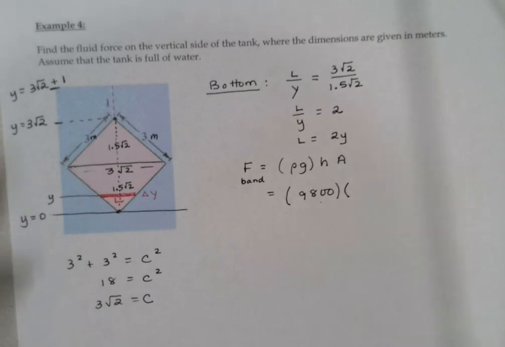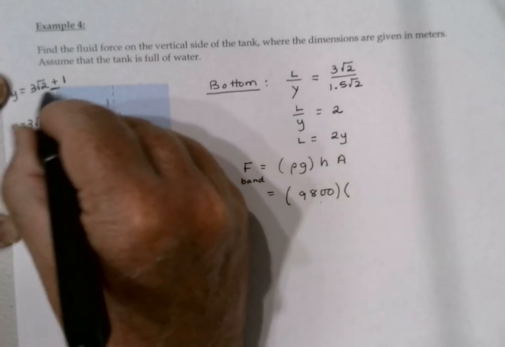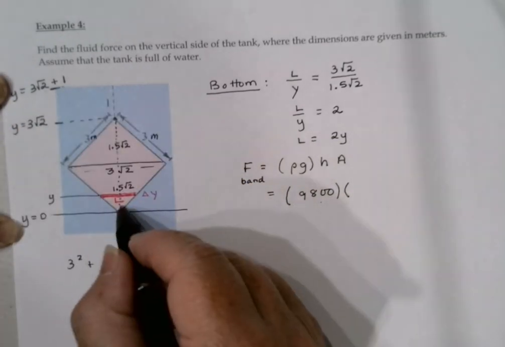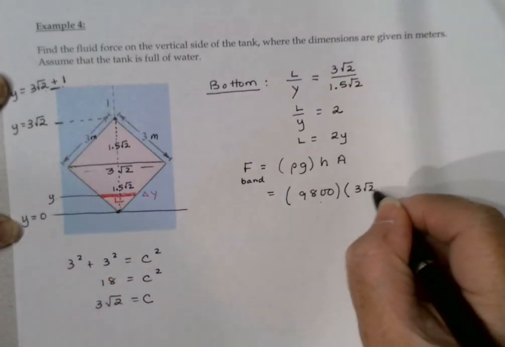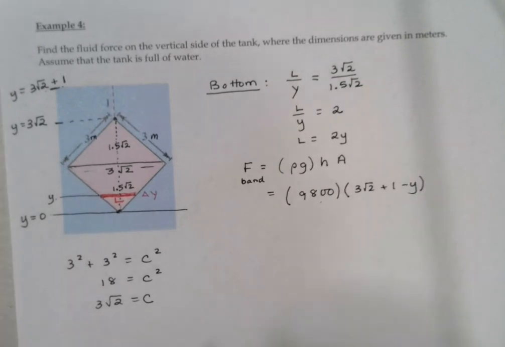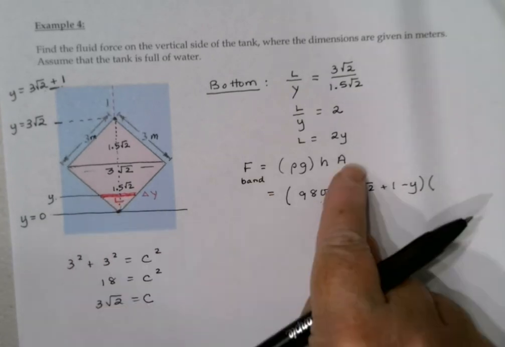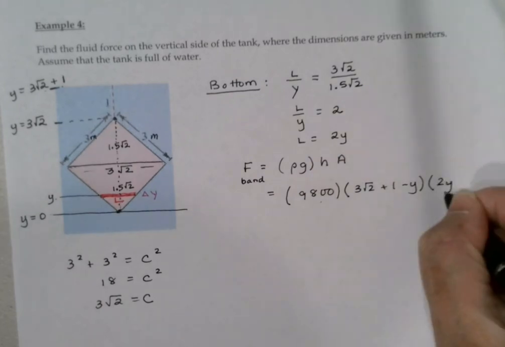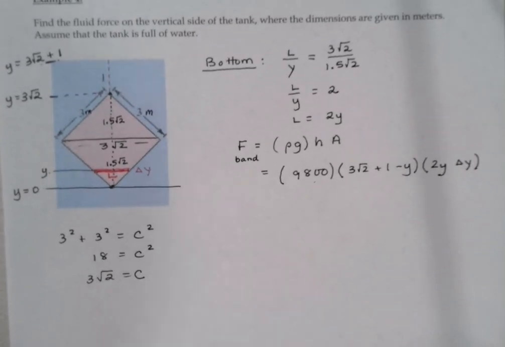Almost all the water is above that little band, so it's the full 3 square root 2 plus 1 minus just this little y value that's underneath here. And then the area, length times width. The length was 2y, and the width is the delta y. All right, hopefully that's everything I need.